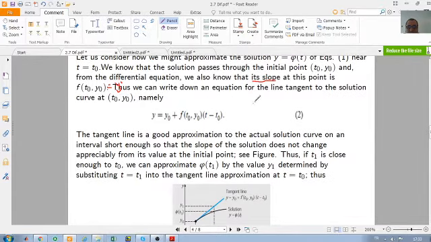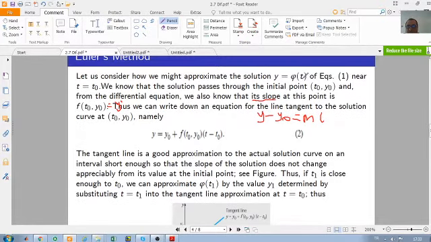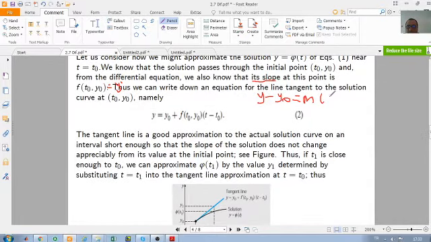If you remember, we have a formula: if you know a point and slope, y minus y0 is equal to the slope times x minus x0, but here the independent variable is t, therefore we write t minus t0.